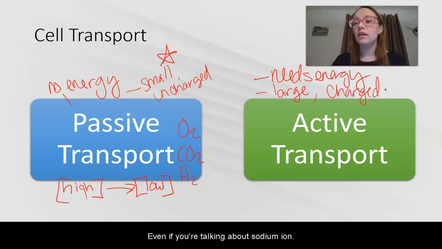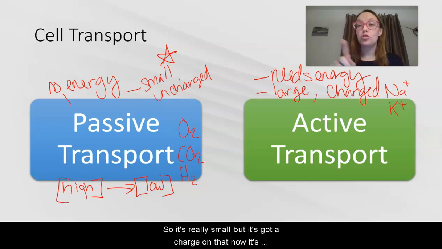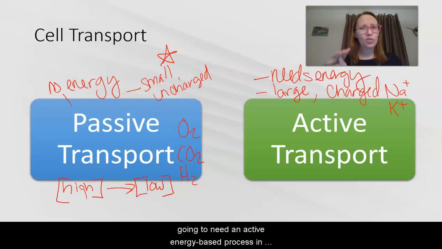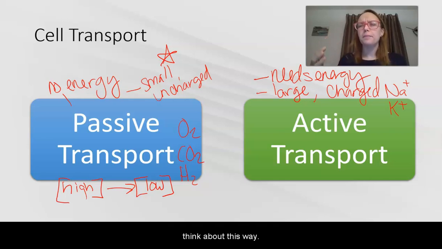Even if you're talking about a sodium ion or a potassium ion, there's a charge on it. It's a single ion, so it's really small, but it's got a charge. So as soon as you put a charge on that, now it's going to need an active energy-based process in order to get in. And then for the size component of things, think about it this way.